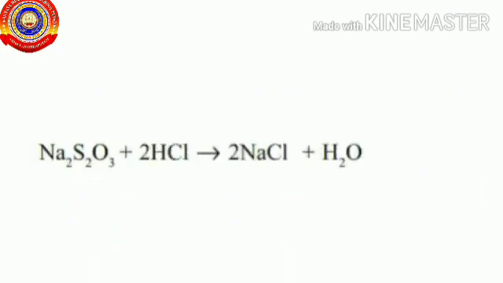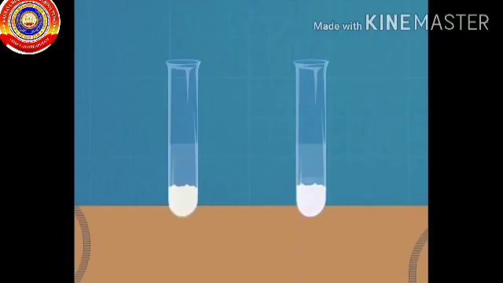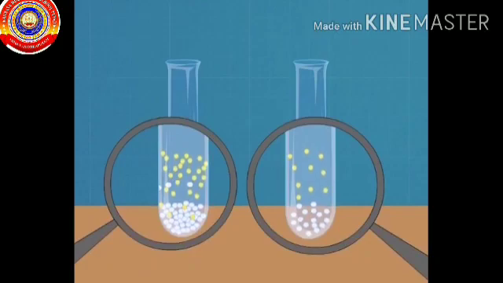Na2S2O3, sodium thiosulfate, plus 2HCl, hydrochloric acid, gives 2NaCl, sodium chloride, plus H2O, water, plus SO2, sulfur dioxide, plus S, sulfur. From this experiment, you may have understood that the factor that influences the above reaction is temperature.